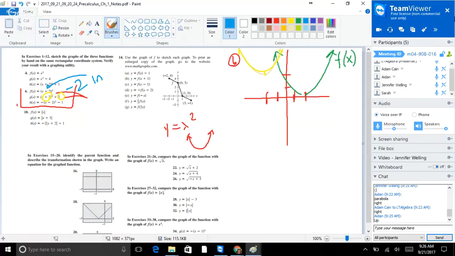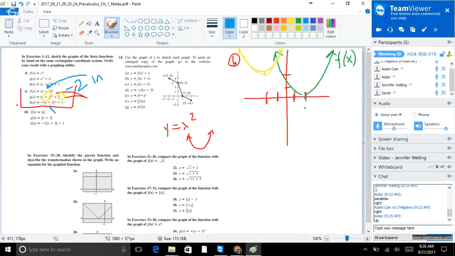So inside of our function, we have minus 2 again, which means that our center point is going to be shifted over here. All right, can you see where my blue mark is? Over here. All right. And then we have negative 1. So that means that our graph is going to shift down 1.